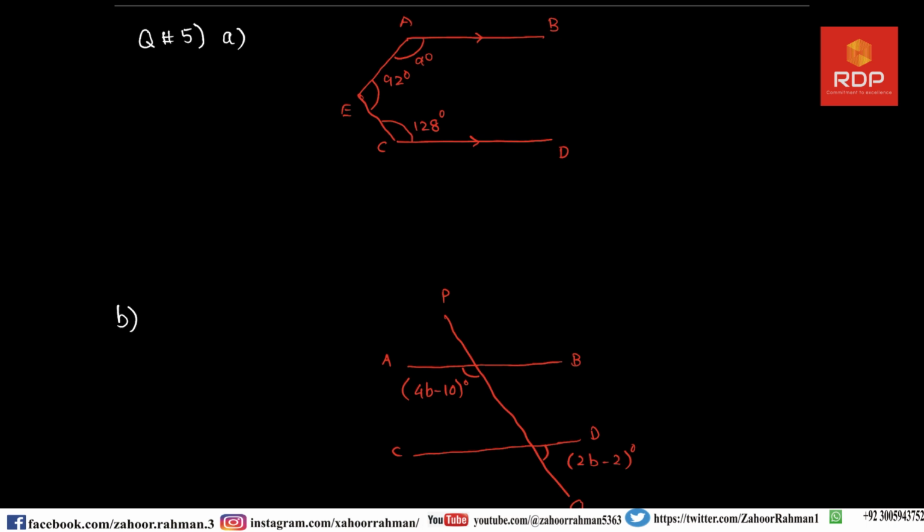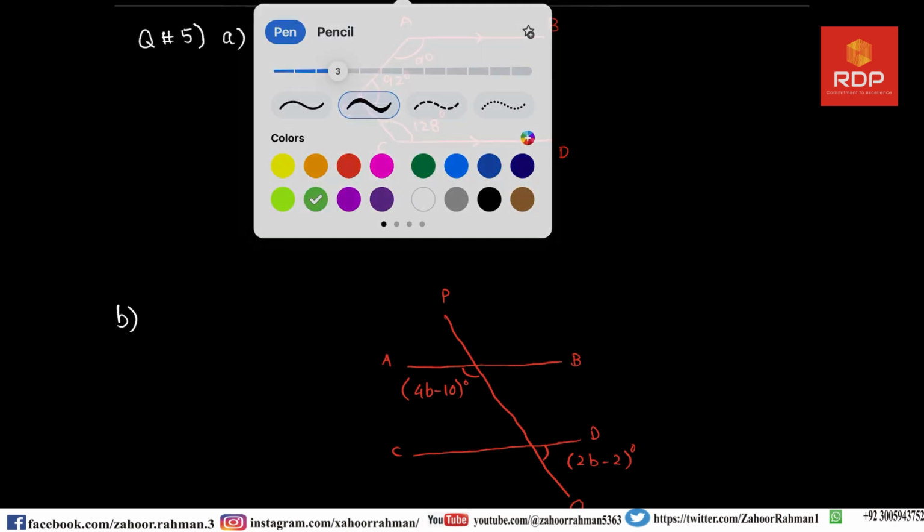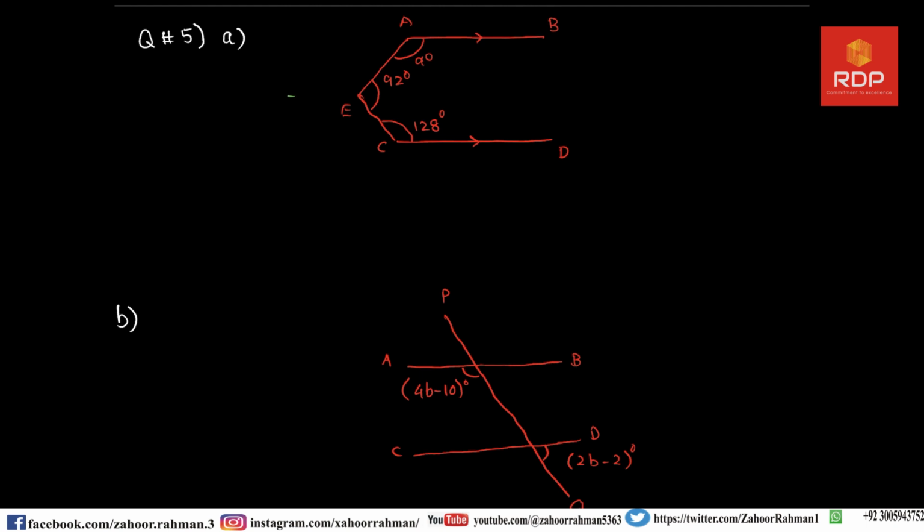Again we are dividing this portion into two parts by making the assumption that this line is parallel to the two given lines, that is AB and CD.